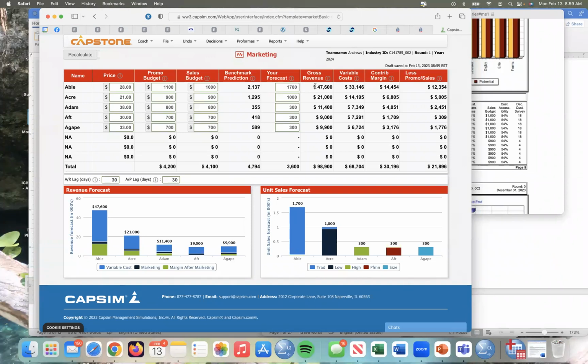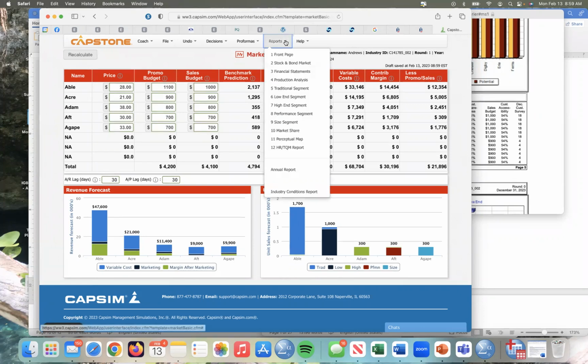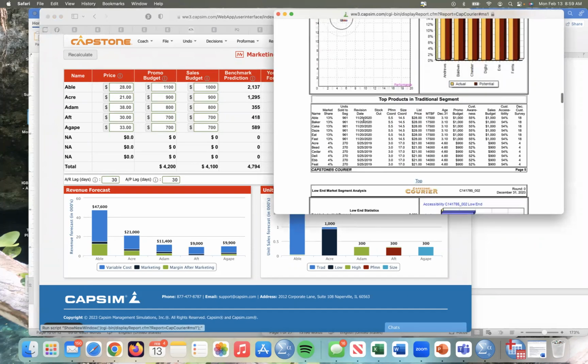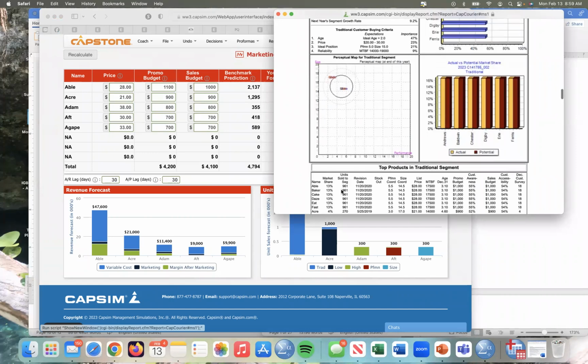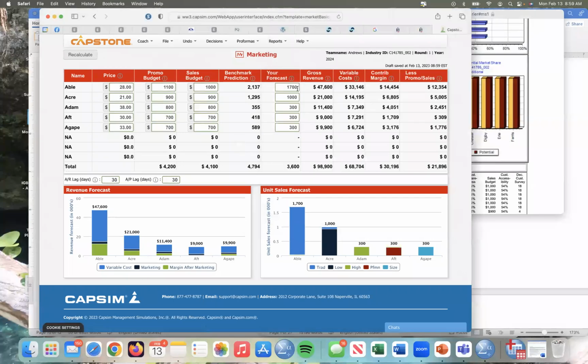So what I'm going to do is take a look at what we did in the traditional segment last year, which was 961 units. Multiply that times 9.2%. That's going to make it about 1,050, and then add another 100 to that. That's going to be 1,250, and that's going to be realistic.